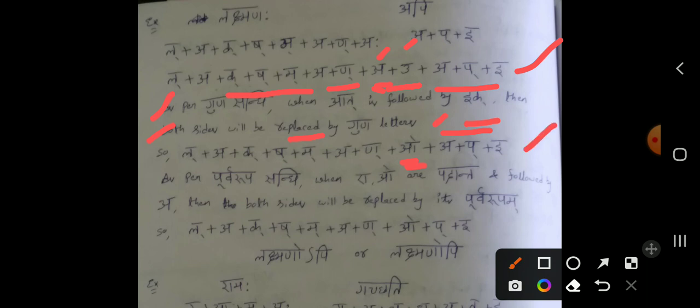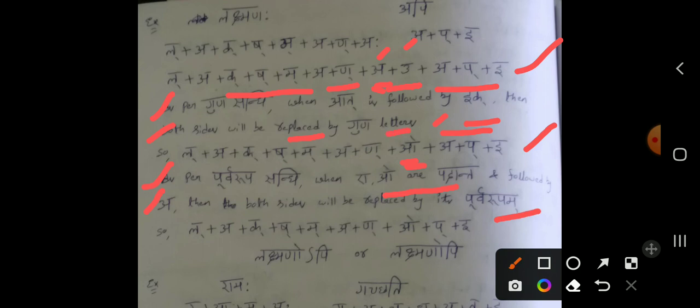And here one more rule applies. As per Purva Rupa Sandhi, which we explained when discussing Swara Sandhi: when E or O is at the end of the Padam, that is Padanta, and followed by the letter A, then both sides will be replaced by its Purva Rupam. What is the Purva Rupam here?